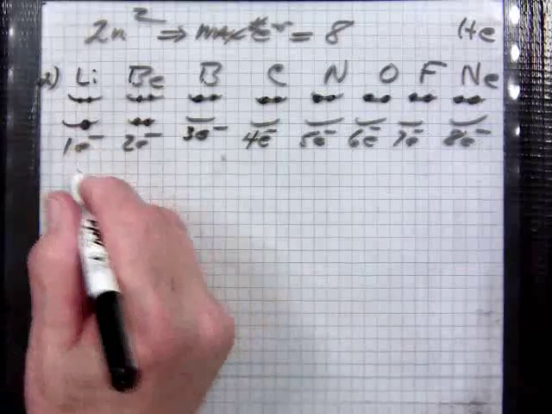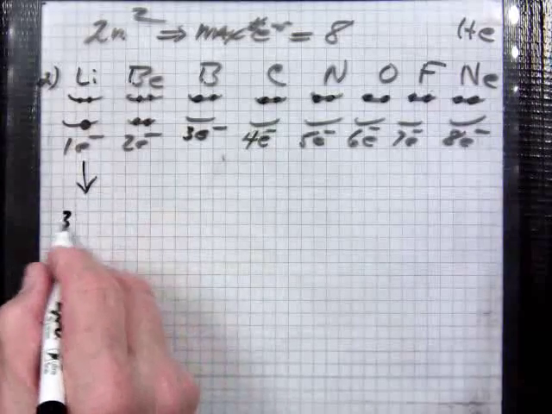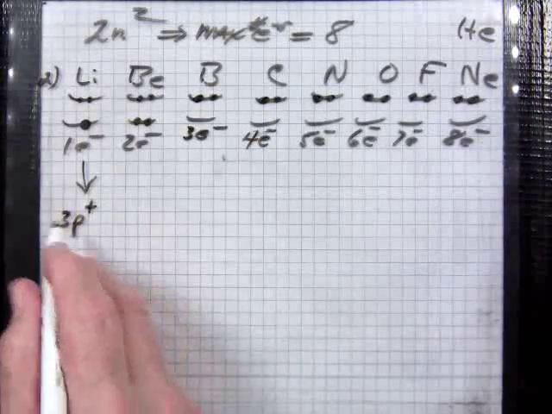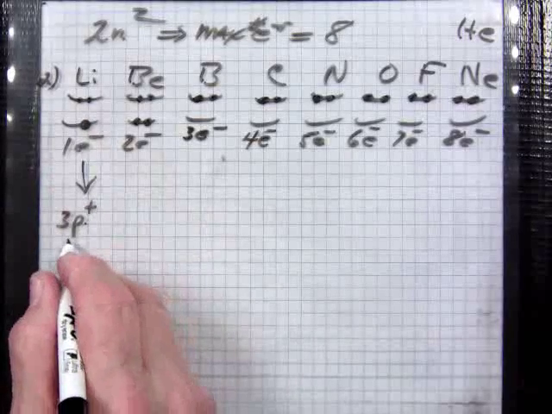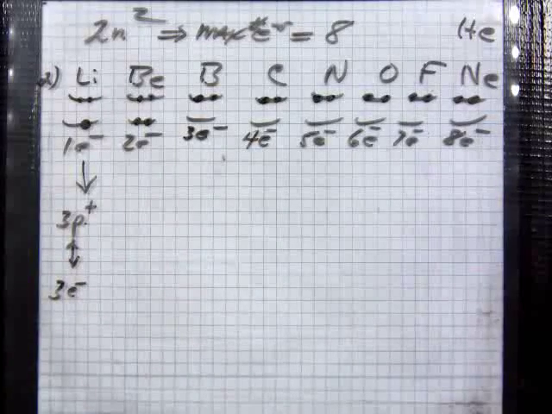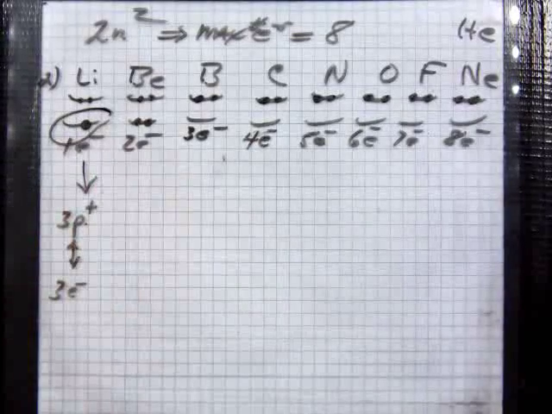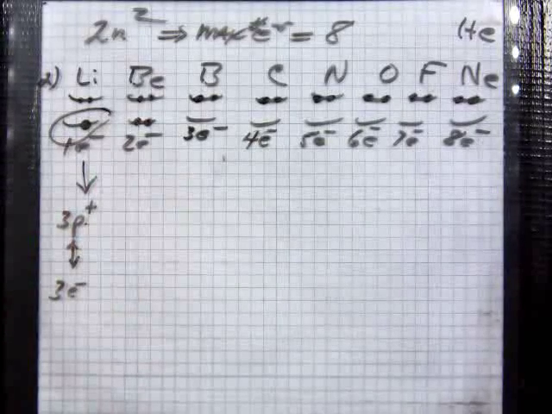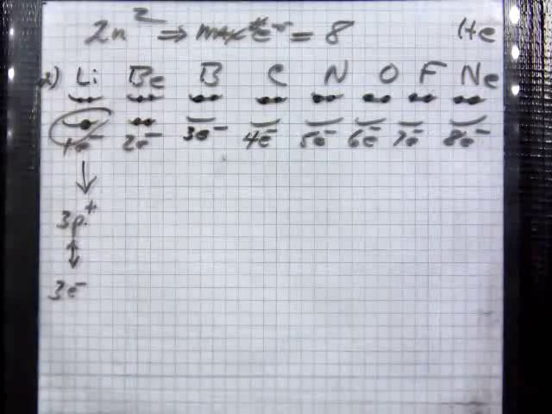Now, let's take lithium, for example. Lithium has 3 protons and 2 electrons in the first ring and 1 electron in the second. So the 3 protons are holding on to 3 electrons, right? So the question is, will the lithium prefer, by a natural process, to lose 1 electron or gain 7 more electrons?